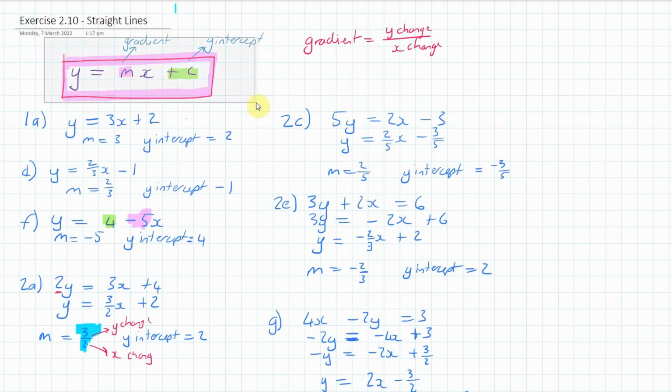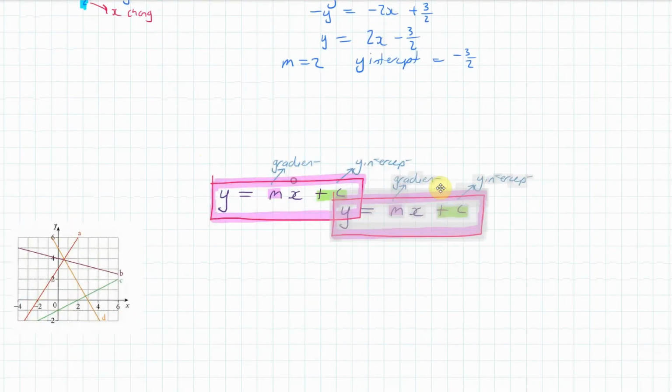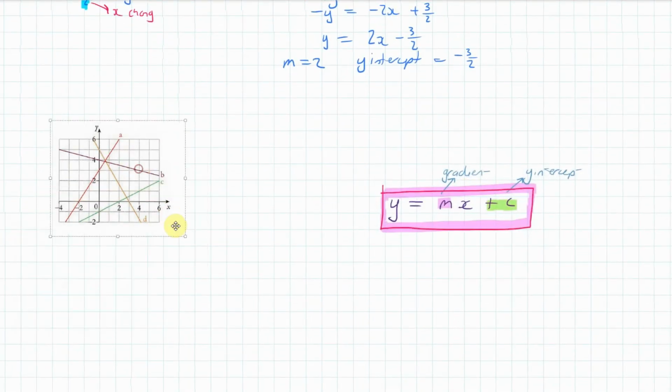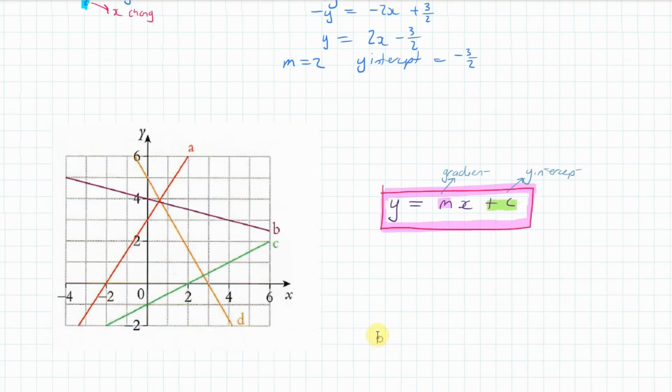Okay, so let's take a look further down. What have we got here? Okay, this is question 3, and I've got to work out the gradients and the y-intercepts of each of the lines. So let's take a look at A. With A, the y-intercept is positive 3.